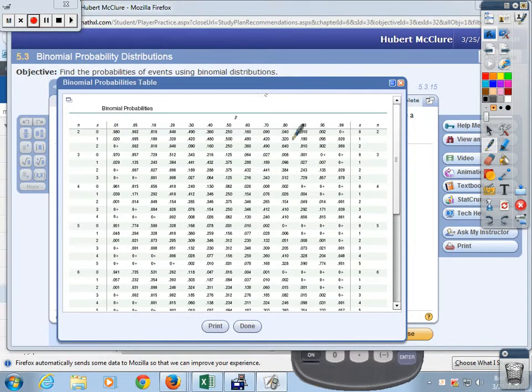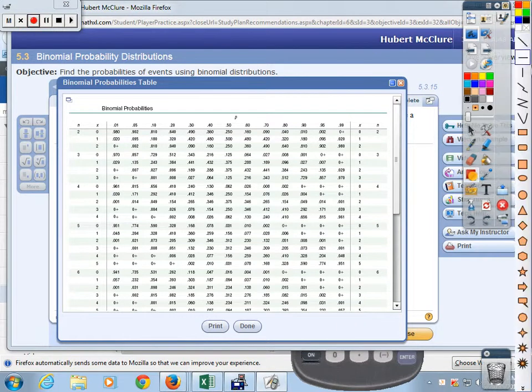I'm going to try to do this, but I don't know if it's going to work or not. So you find n equal to 6 right here, this little area. And x is what? 2.